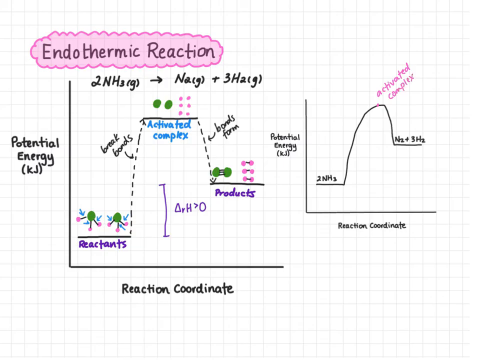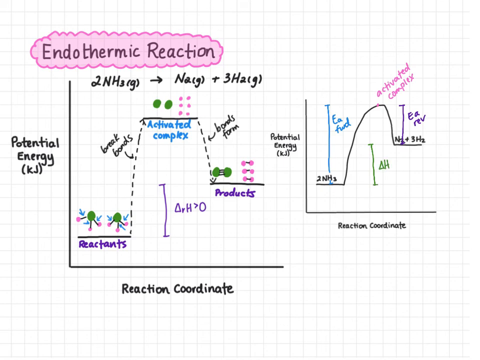The energy that's required to go from the reactants to the activated complex is the activation energy of our forward reaction. And the energy that's required to go from our products to the activated complex is the activation energy of the reverse reaction. The difference between those 2 values is going to be our delta H value.